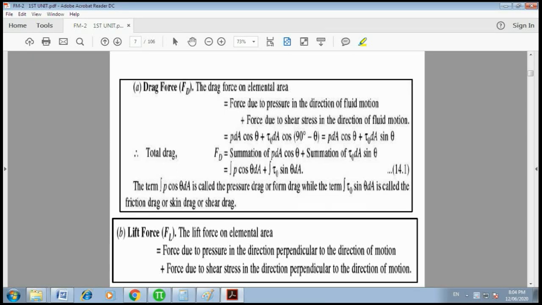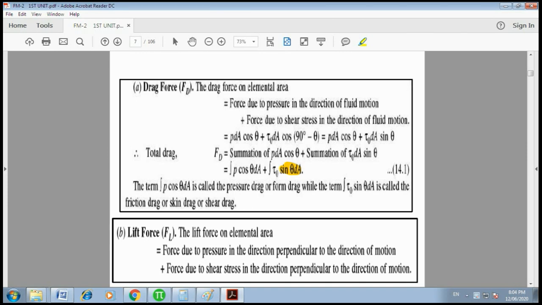We'll see the types of drag in detail later, but for the time being, just consider that the part of total drag due to pressure force is called pressure drag, and the part of total drag due to tangential force, meaning shear force, is called skin drag or shear drag. So this part is called form drag or pressure drag, and this part is called shear drag or skin drag.